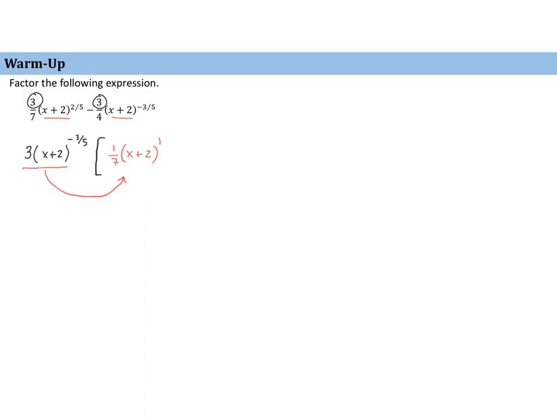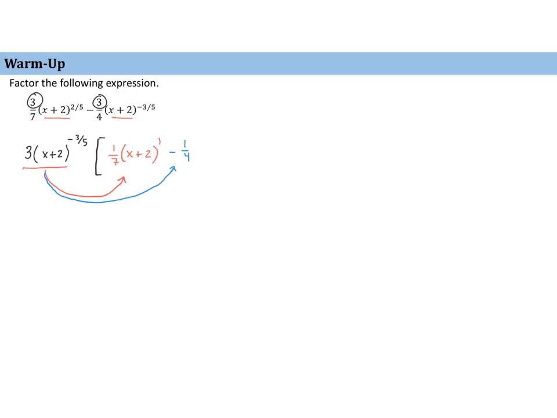Now we'll look at our next term. 3 times x plus 2 to the negative 3/5. We'll need what in order to become the second term, negative 3/4 x plus 2 to the negative 3/5? I've already factored out the 3. I'll need a 4th, so minus 1/4.